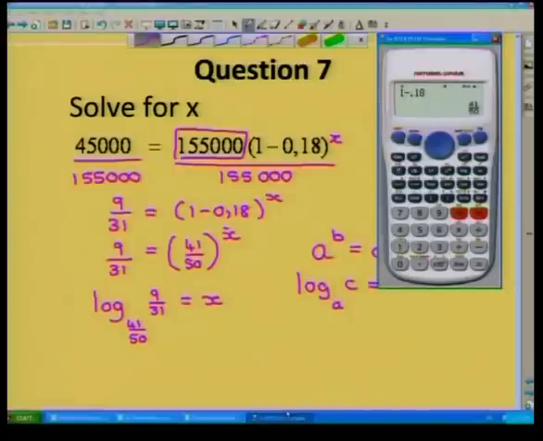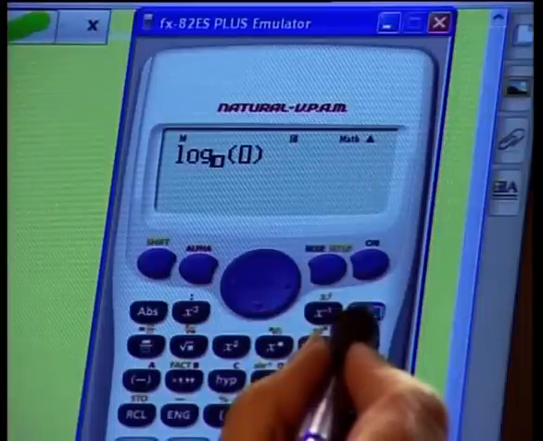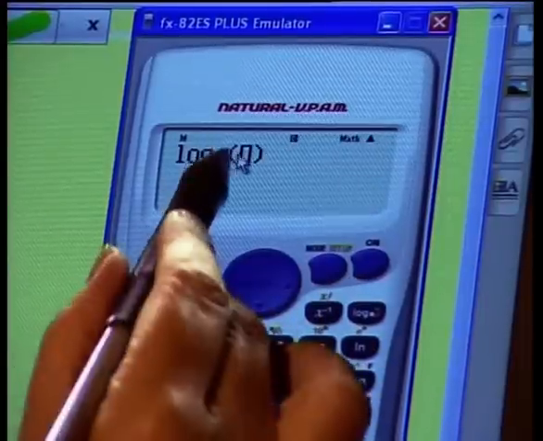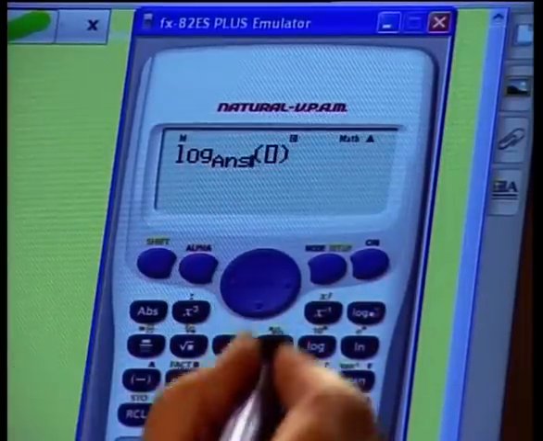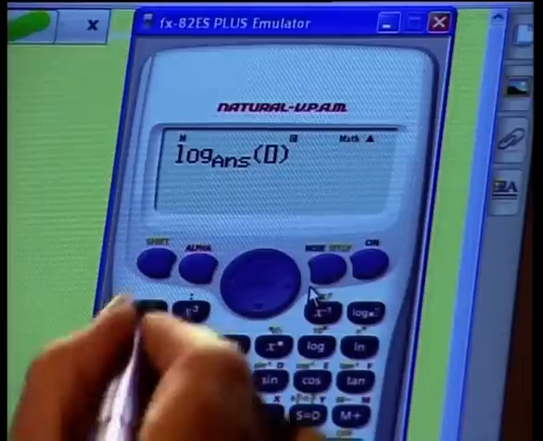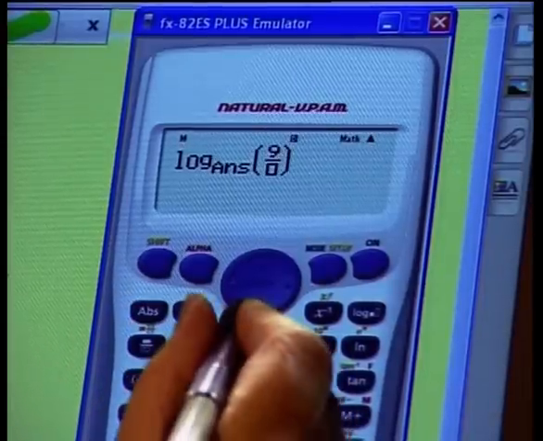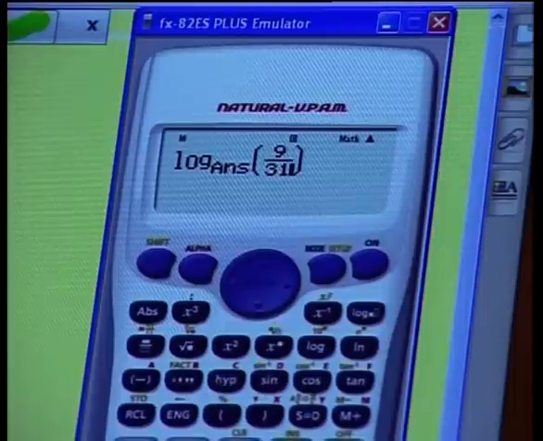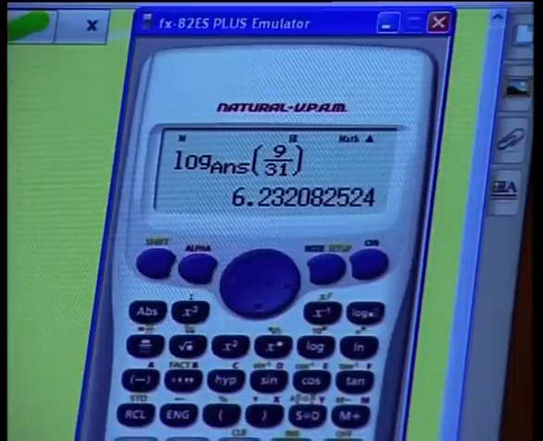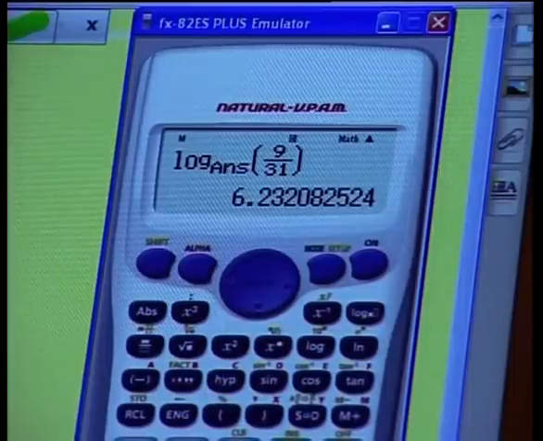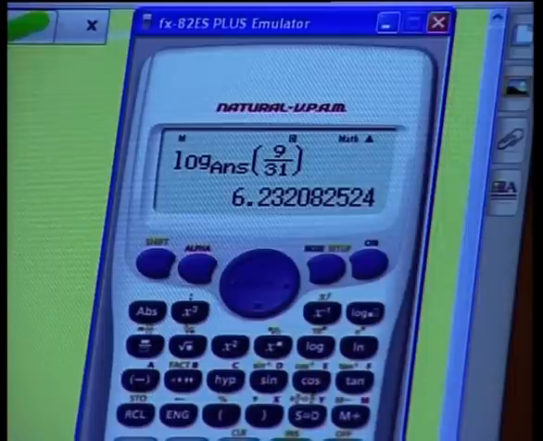And you'll see over here you've got a button that looks like this. Now we know that this one is the answer I had in my calculator, so I'm going to be a little lazy. And this one here is going to be 9/31. And we've got the answer 6,2320, etc. So let's make it 6,23.